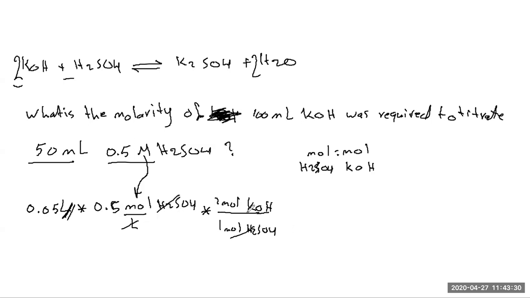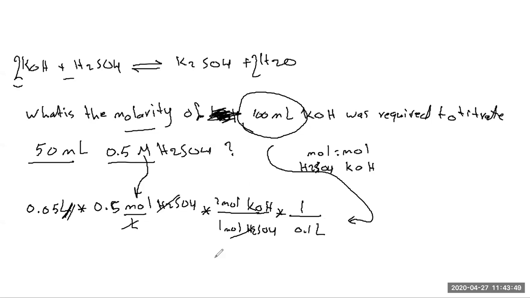Okay, now we have the mole. They are asking for molarity. Molarity equals mole divided by the volume in liter. So here we have the mole times 1 divided by the volume of KOH in liter. It is 0.1 liter. Now, let's do the math.